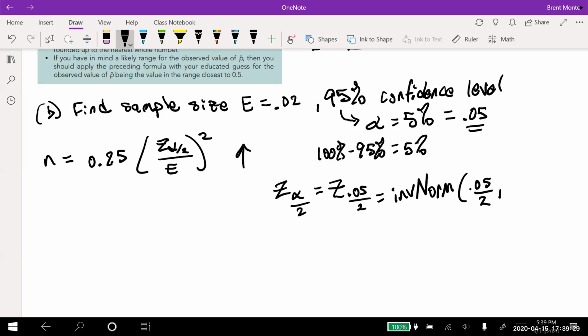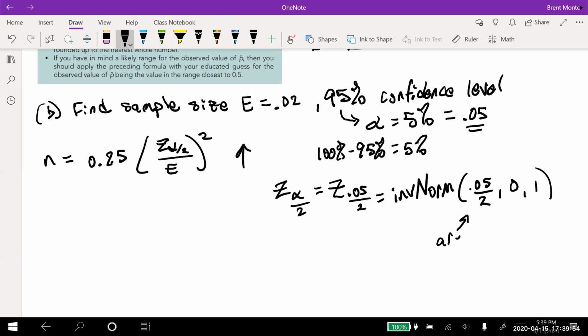Now, I don't have to put this in unless my calculator makes me, but it's the mean and the standard deviation. Since it's a Z value, the mean is 0, the standard deviation is 1. On a calculator where it's not telling you what to put in, you don't have to put the 0 and the 1 because it's going to default to that if you don't tell it anything else.